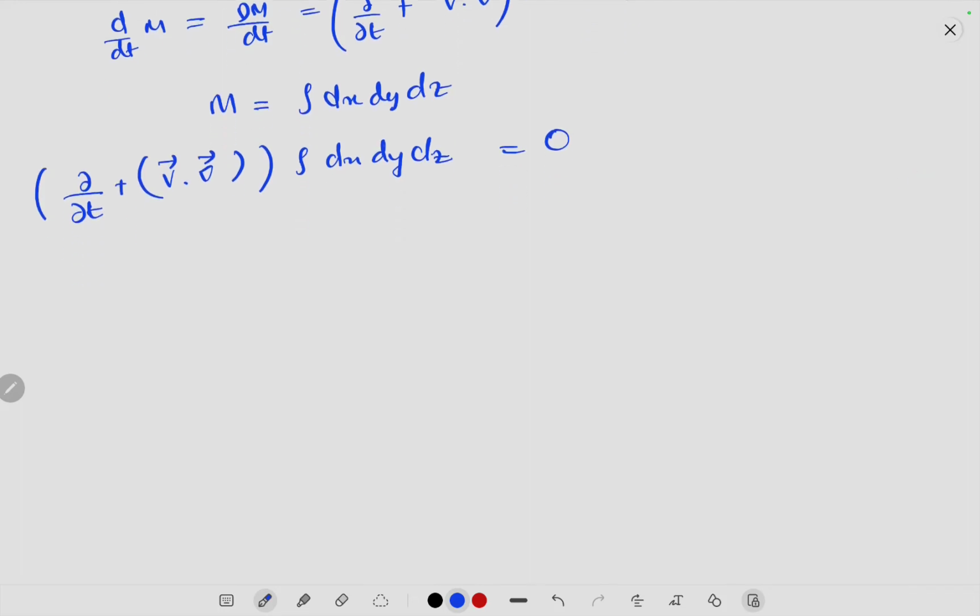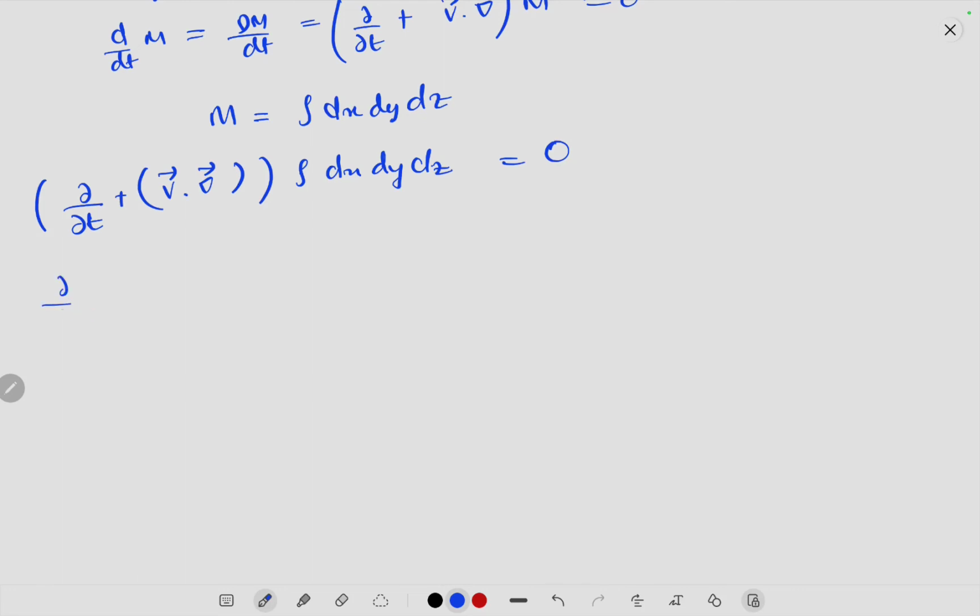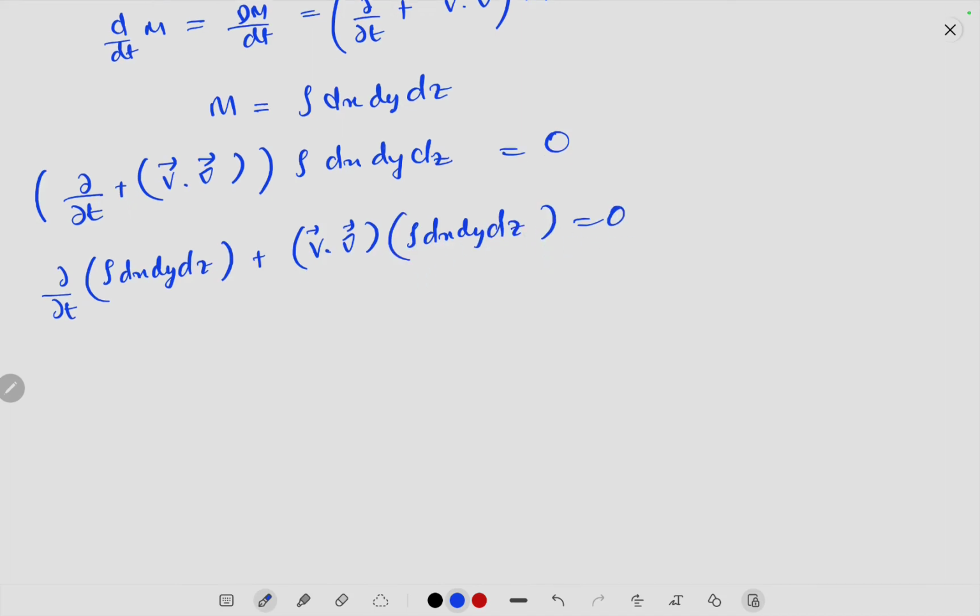Okay, so let's take this inside. So this will become del by del t rho dx dy dz plus v dot del rho dx dy dz equal to 0.